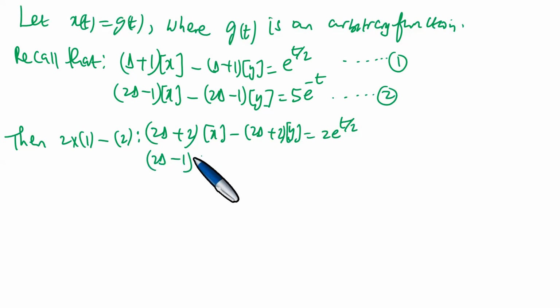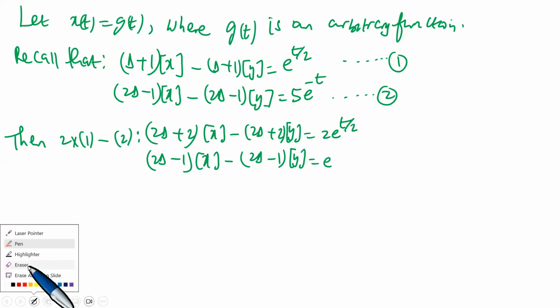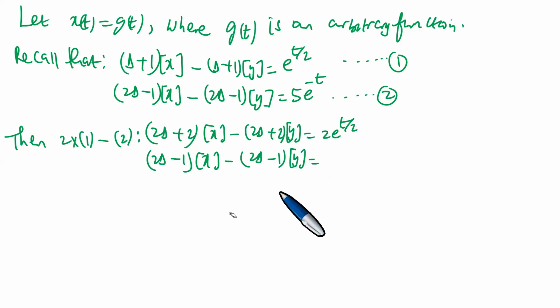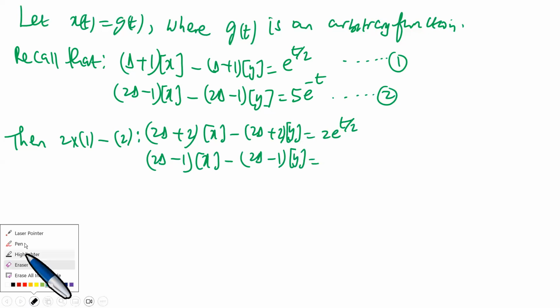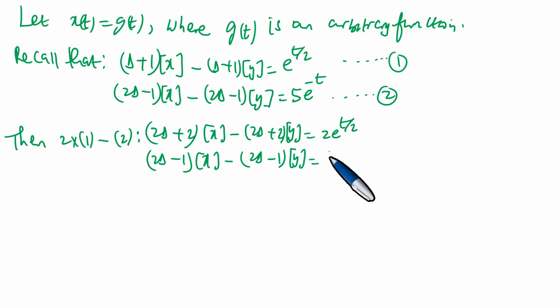This one times x, 2d minus 1 y equals 5e to the minus t. Obviously, this one is still equation 2, but this one has been transformed, and we can give it the name 3.